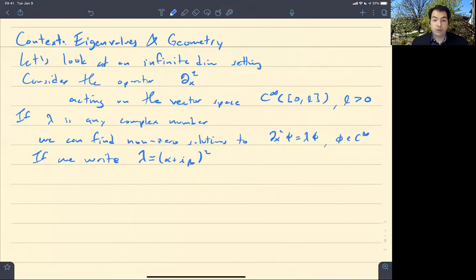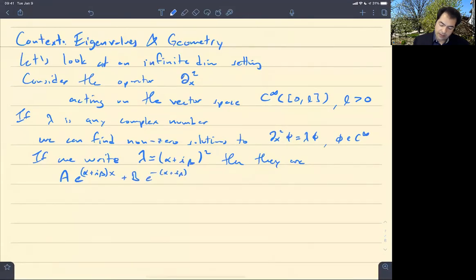Every complex number can be written as the square of some other complex number. Then the solutions to this equation are a e to the (alpha plus i beta) x plus b e to the minus (alpha plus i beta) x, where a and b are arbitrary constants, right?